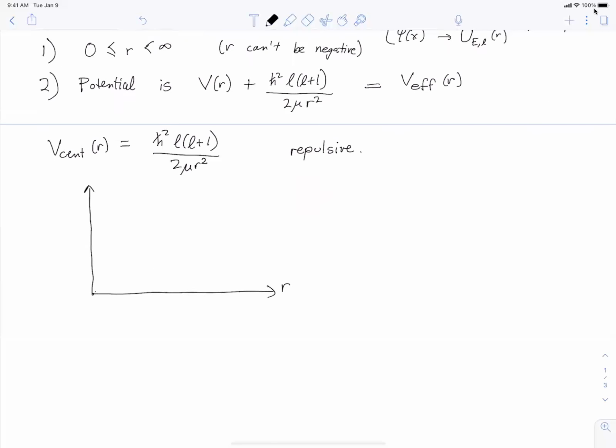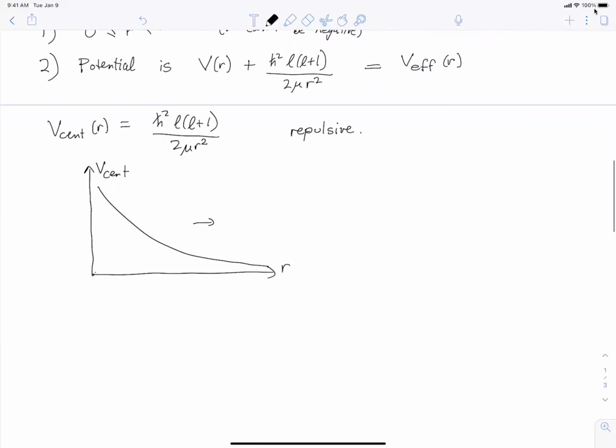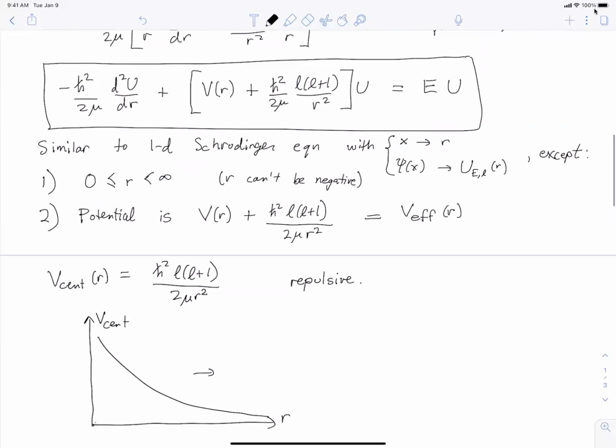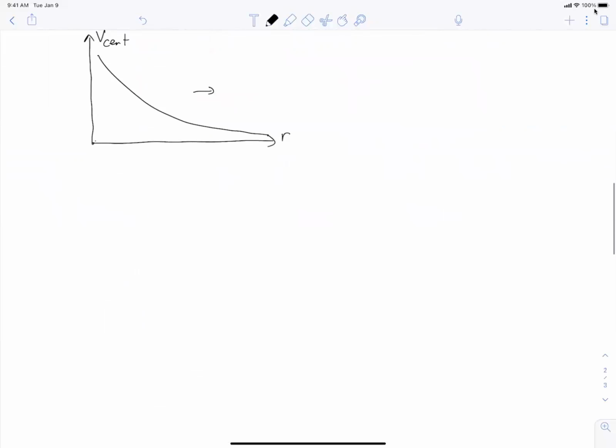But otherwise, as a function of r, the centrifugal part of the potential just falls off like 1 over r squared, and all other things being equal, it's going to push you away from r equals 0. Okay, so now we've boiled it down to solving a one-dimensional problem, which is one of the reasons why solving one-dimensional quantum mechanics problems is not a waste of time, even though we live in a three-dimensional world.